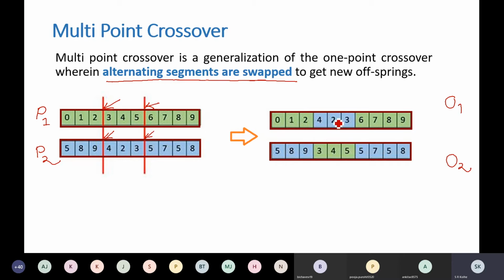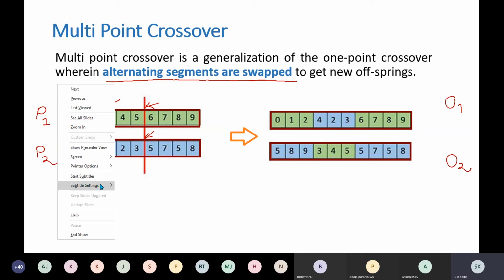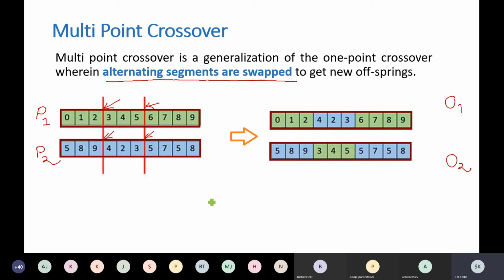So what we are going to do in offspring 1, first segment will be as it is, that is 0 1 2. Look at this. Parent chromosome, first three digits are 0 1 2. So we will keep this as it is. So we have here 0 1 2 in offspring 1.